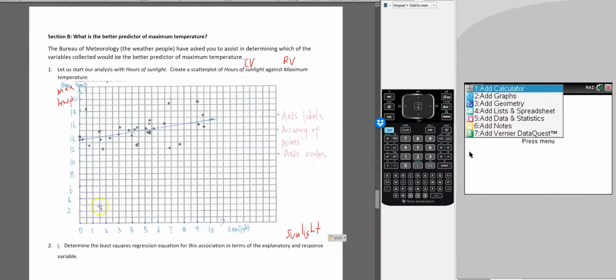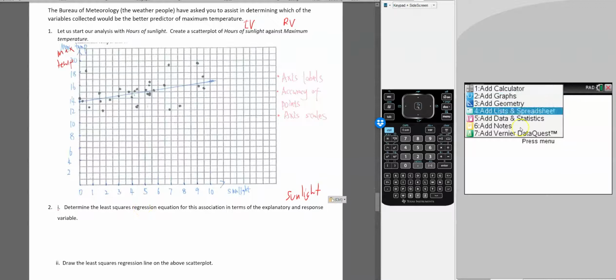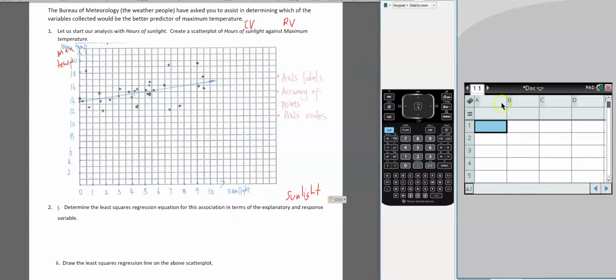The next question says, determine the least squares regression equation for this association in terms of the explanatory variable and the response variable. The way I determine the least squares regression line is by plugging in the data, and we're going to go through regression analysis here. So this is going to be sunlight, and the next one's going to be max temp.